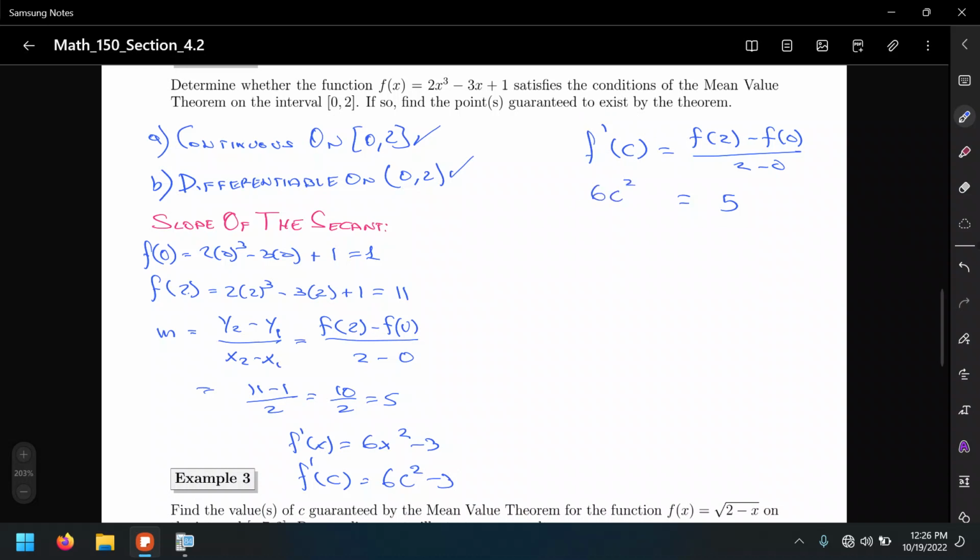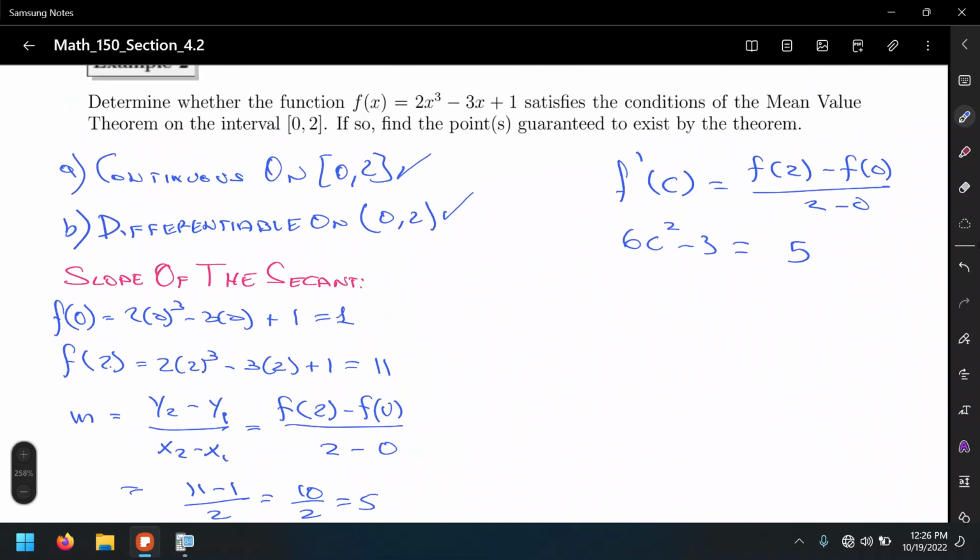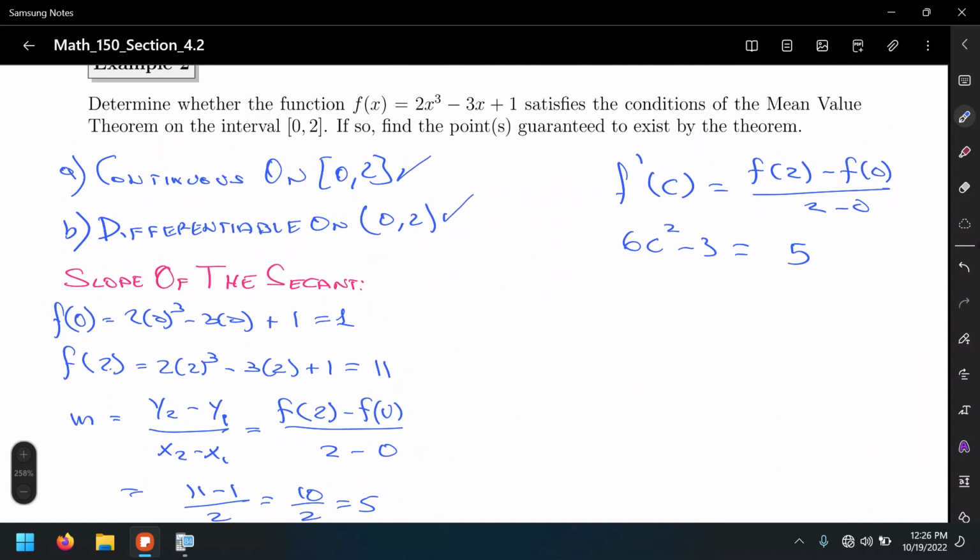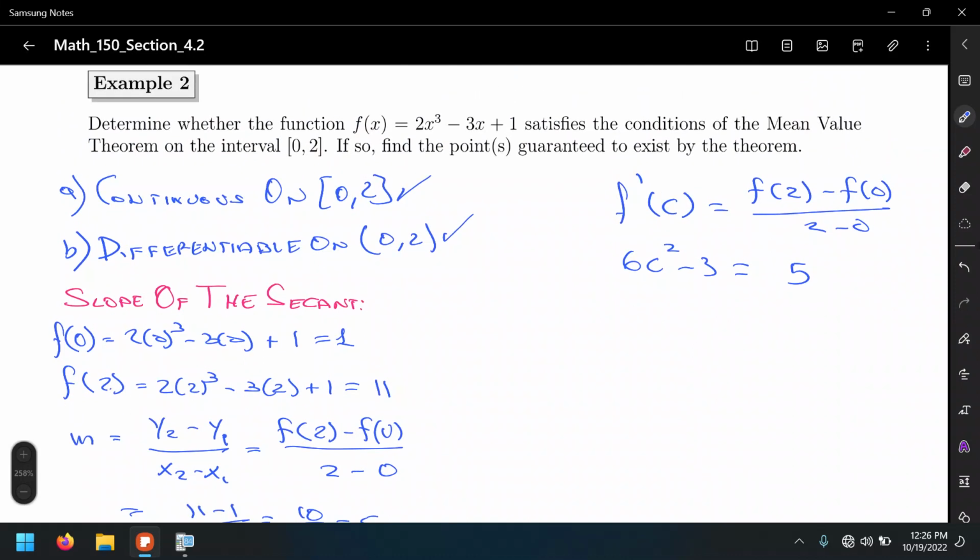So 6c squared minus 3 equals 5. So just solve for c in this case. Add 3 to both sides. So that's 6c squared equals 8. Divide both sides by 6. That's c squared equals 8 over 6.